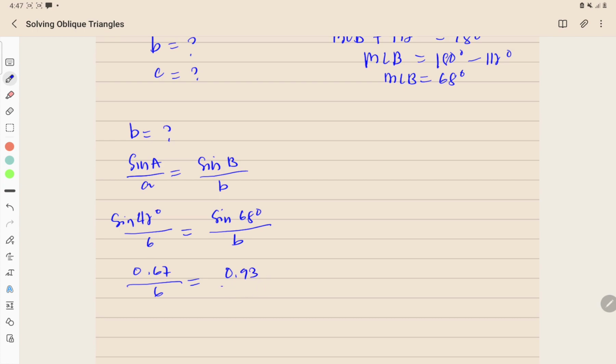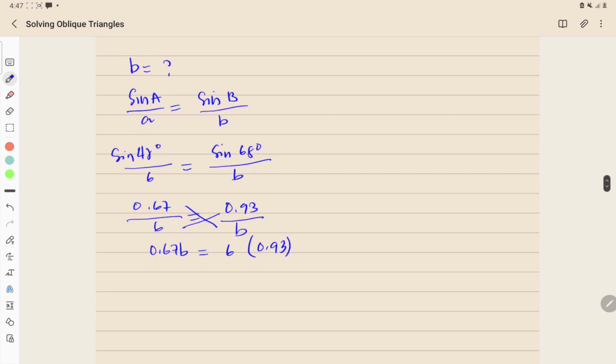So you cross multiply, so that you will have 0.67b is equal to 6 times 0.93. Doing the multiplication, 0.67b is equal to 5.58.